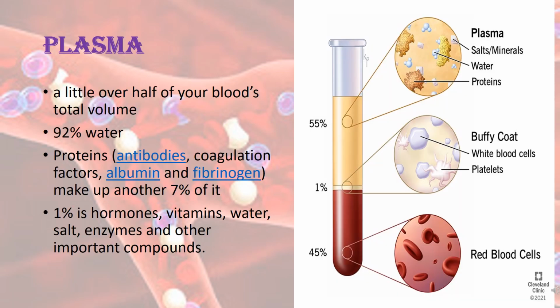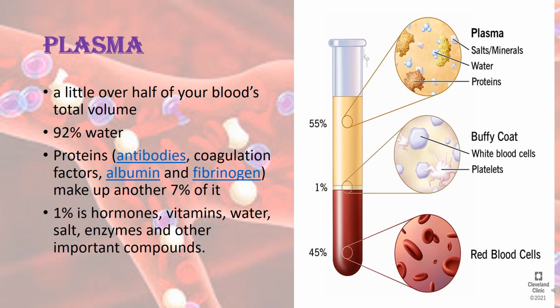Plasma, also known as blood plasma, appears light yellowish or straw-colored. It serves as the liquid base for whole blood. Whole blood minus erythrocytes, RBCs, leukocytes, WBCs, and thrombocytes, platelets, makes up the plasma. This fluid makes up a little over half of your blood's total volume.